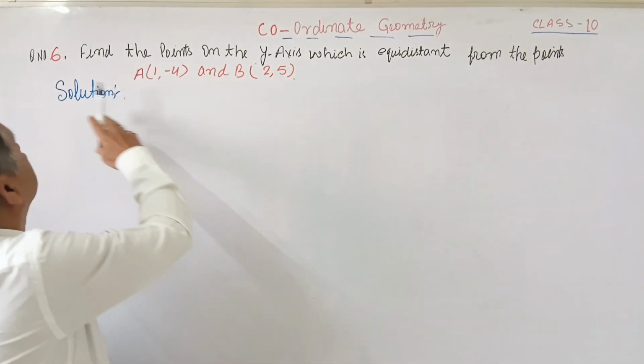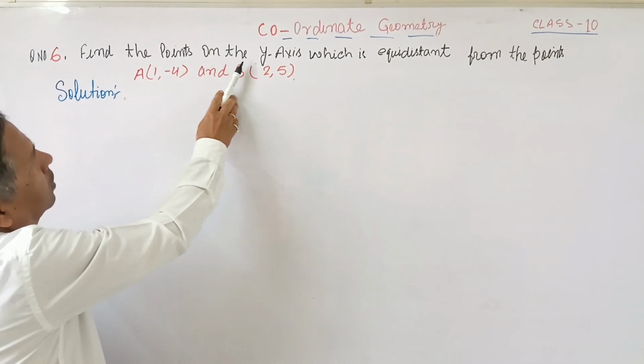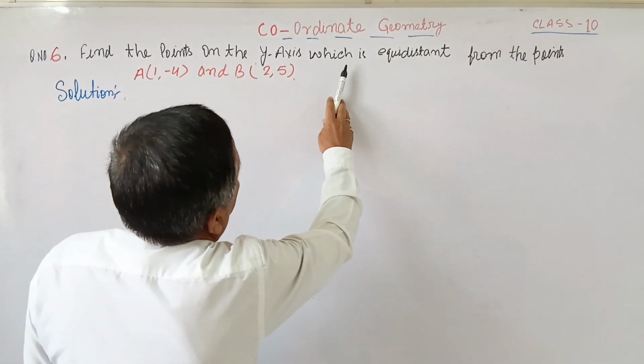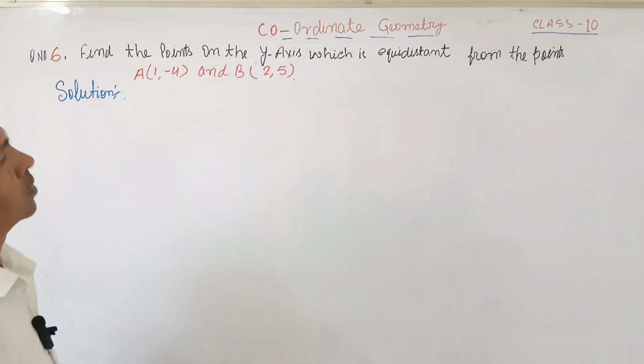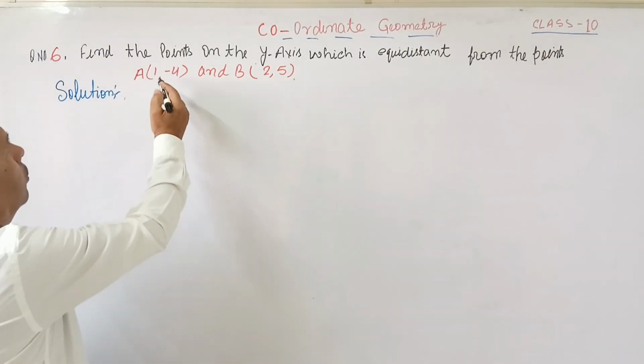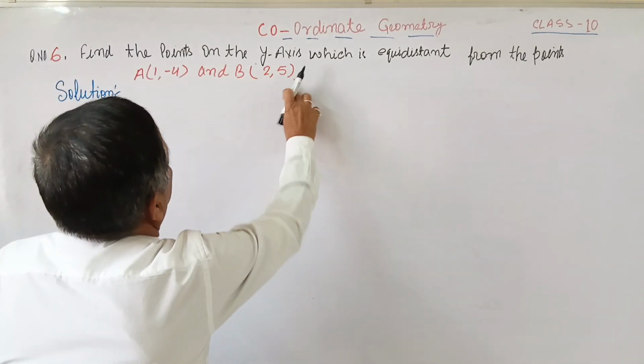Now the question is question number 6. Find the points on the y-axis which is equidistant from the point A 1, minus 4 and B 2, 5.